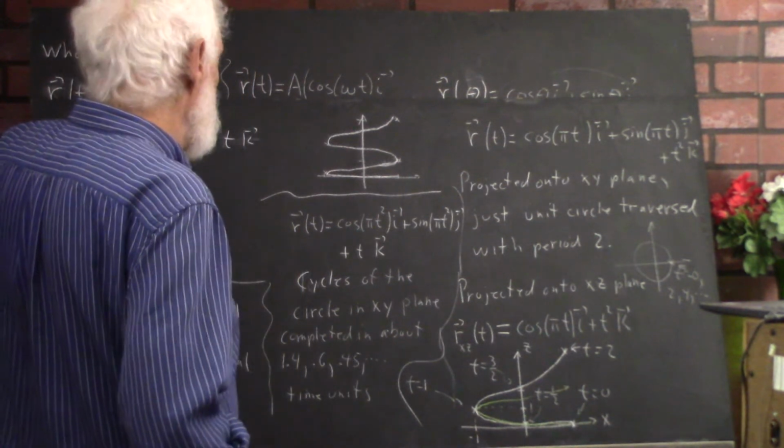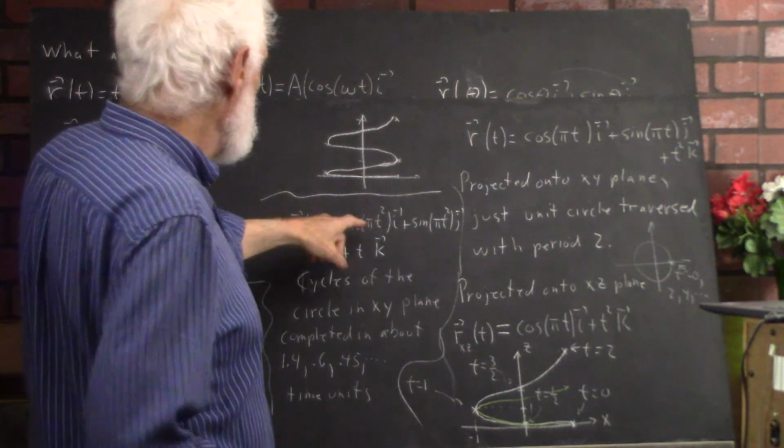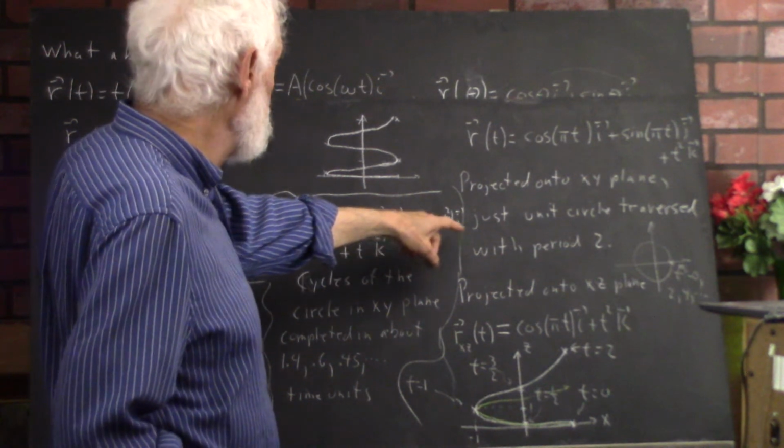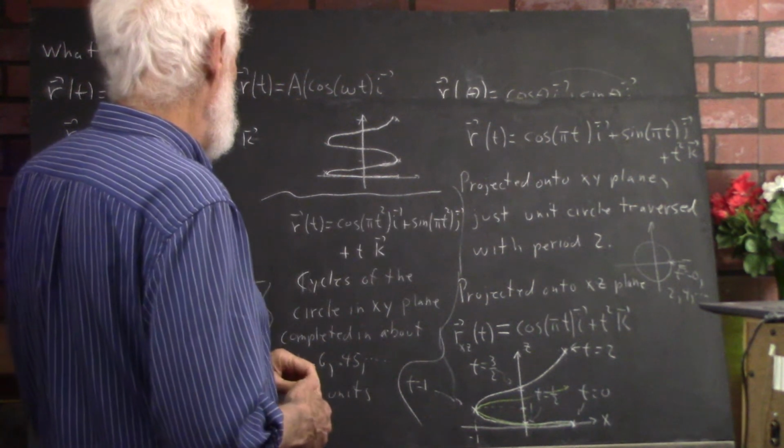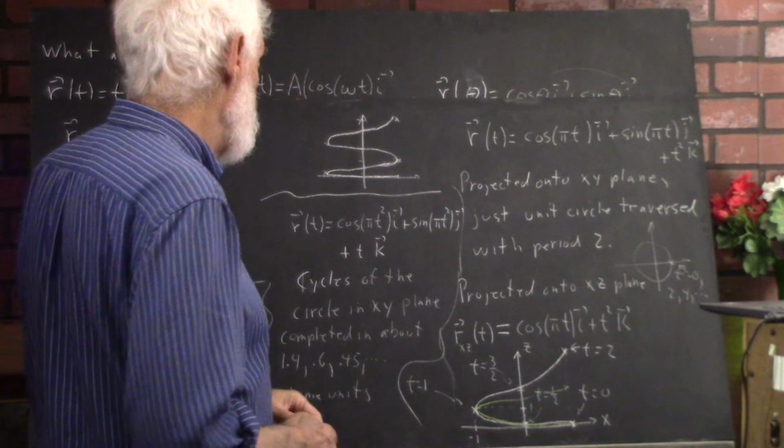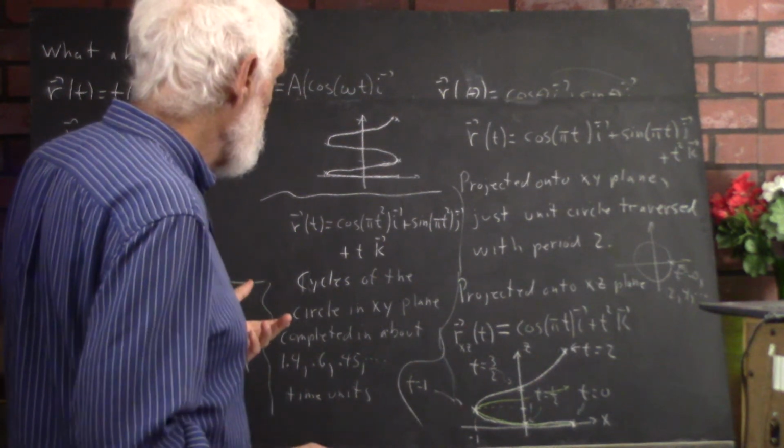Okay, down here we have cosine of pi t squared i plus sine of pi t squared j plus tk. What happens here?